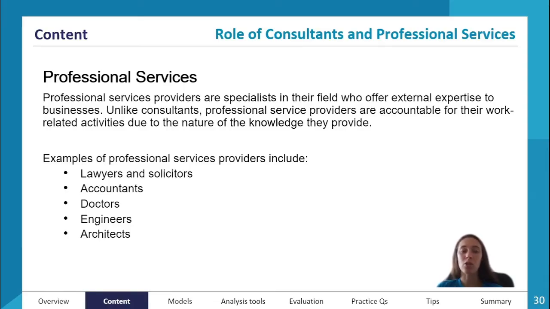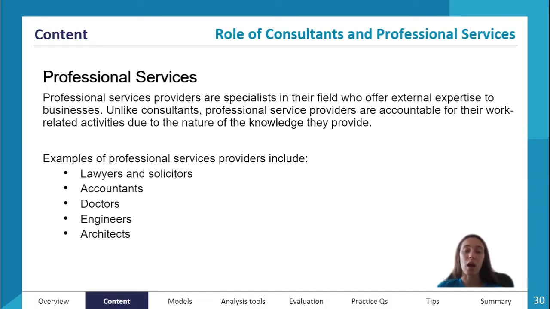It's your sort of choice to trust them with their thoughts on an issue. Whereas professional services, you can think of that idea of professional, they have that liability.